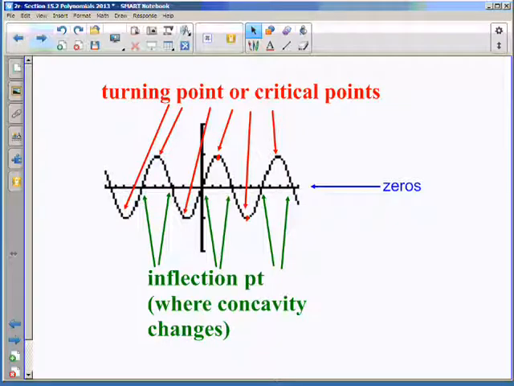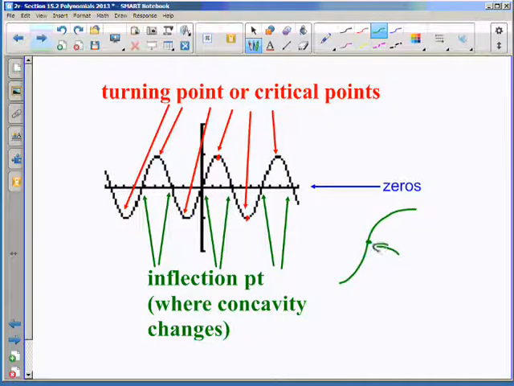What you want to notice there is if you are increasing but then change to still increasing but at a different rate, there's a place, not always obvious, where the graph has gone from increasing at a faster rate to then increasing at a slower rate.